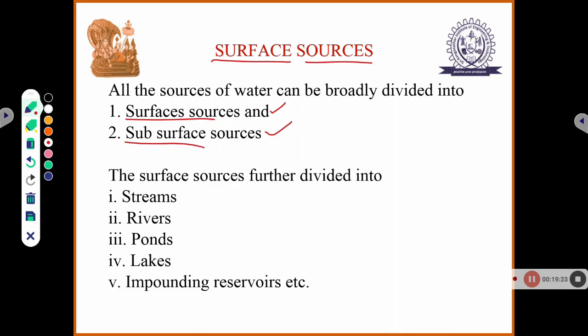A few examples of surface sources are streams, rivers, ponds, lakes, and impounding reservoirs, etc. And subsurface sources are wells, infiltration galleries, etc.